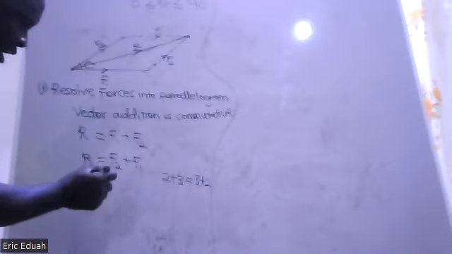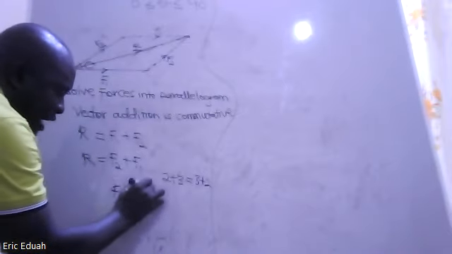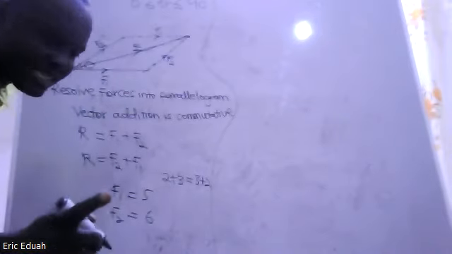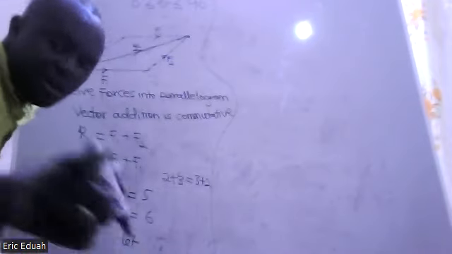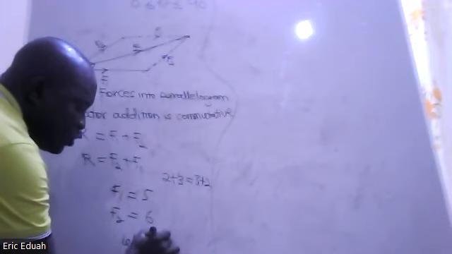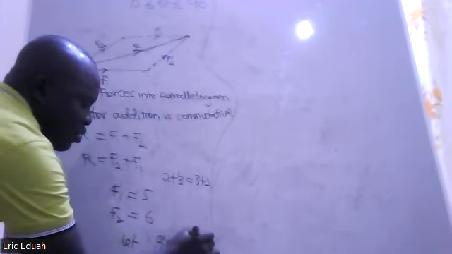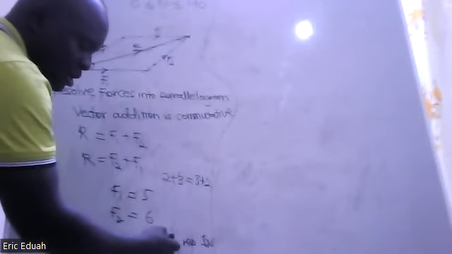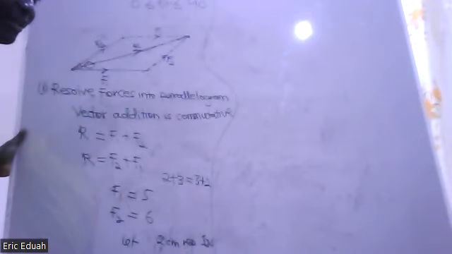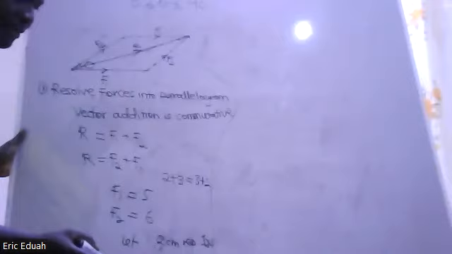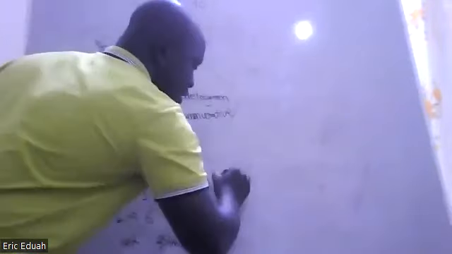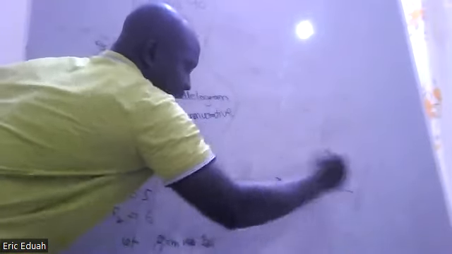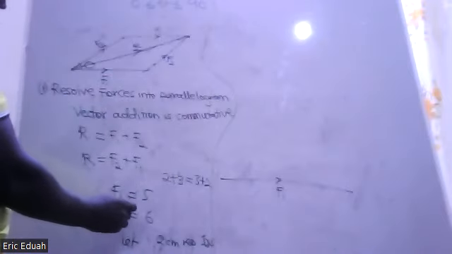with scale drawing, if I'm giving F1 to be equal to 5, F2 to be equal to 6, then I set a scale that, on your graph, let every 2 centimeters represent 1 Newton. So for 5 Newton, how many 2 centimeter boxes will I take? 5. Is that okay? Yes, please. So that will be on a scale drawing, this will be for F1. Then I come to F2.